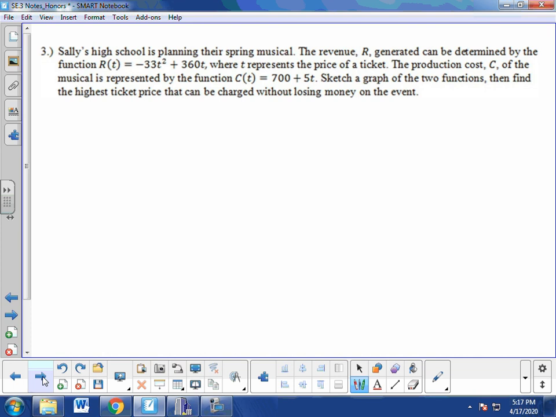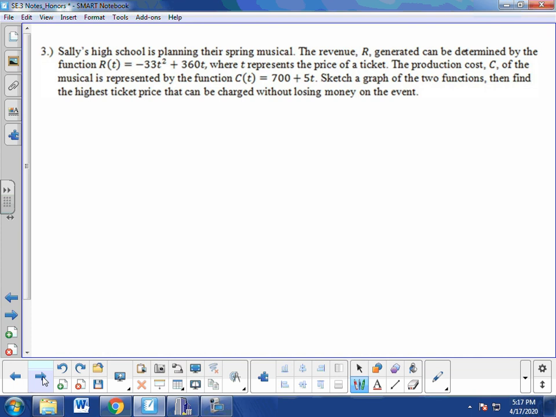So in problem number 3, it says Sally's high school is planning their spring musical. The revenue R generated can be determined by the function R of t equals negative 33t squared plus 360t, where t represents the price of a ticket. The production cost C of the musical is represented by the function C of t, which equals 700 plus 5t.